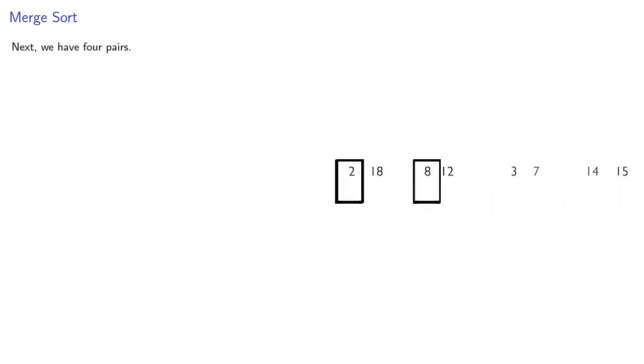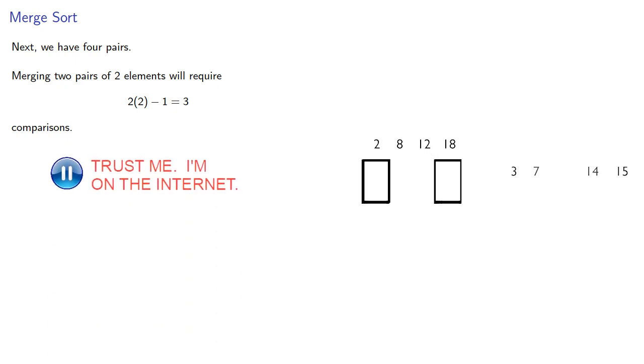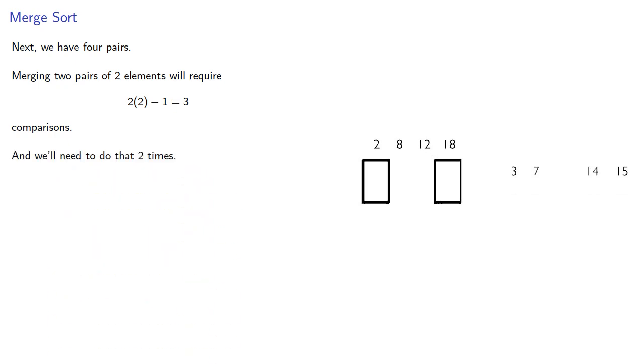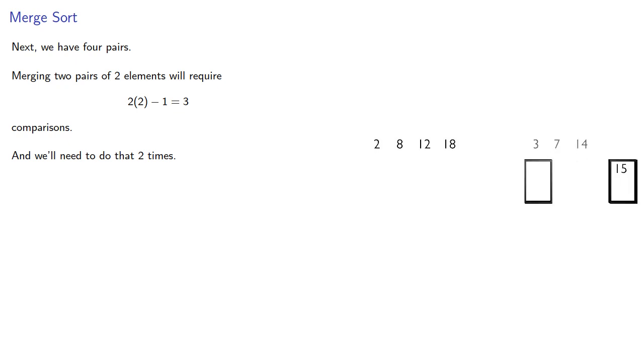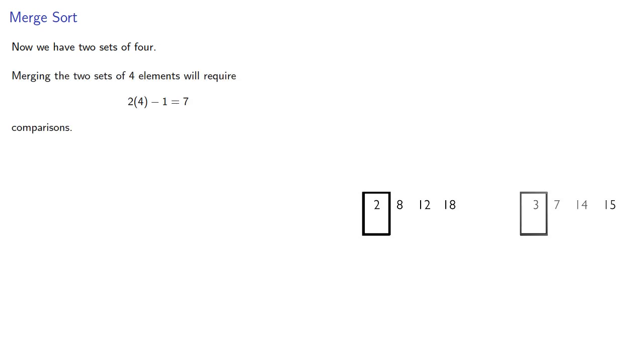Merging 2 pairs of 2 elements will require 3 comparisons. And we'll need to do that twice. Now we have 2 sets of 4. Merging the 2 sets of 4 will require 7 comparisons, and we'll do that once.